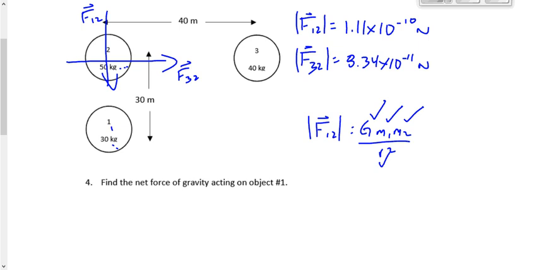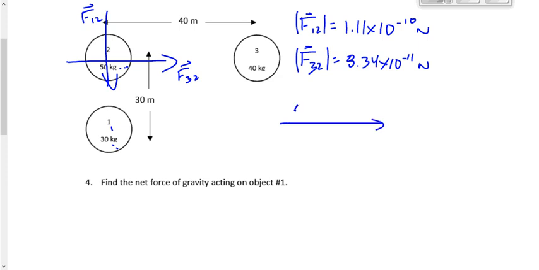But how do we add these guys up? Different than in the last question, right? 1.11 plus 8.34. Not quite as easy as that. This time we've got to draw a vector diagram. We've got F32 is 8.34 times 10 to the negative 11.